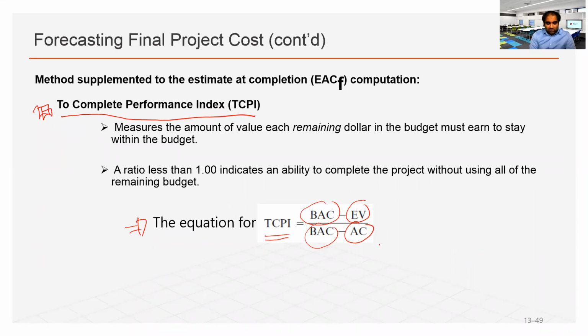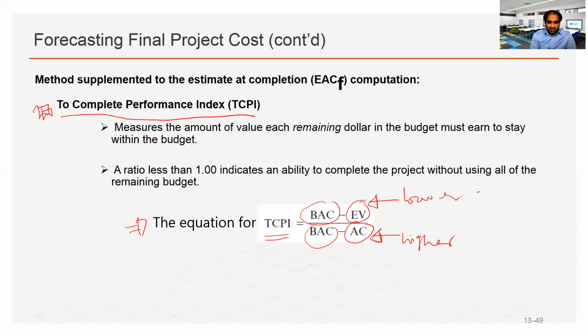If it is less than 1, the ratio less than 1 indicates what? If it is less than 1, obviously this is higher, right? BAC minus AC, this is the lower number.